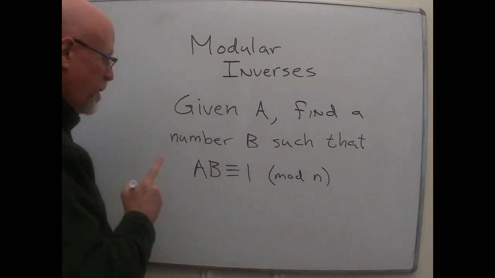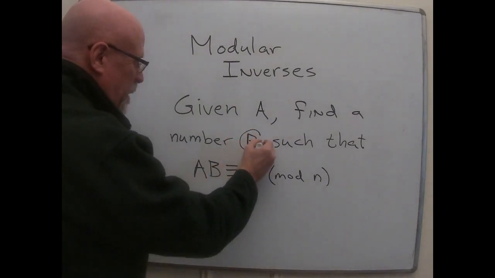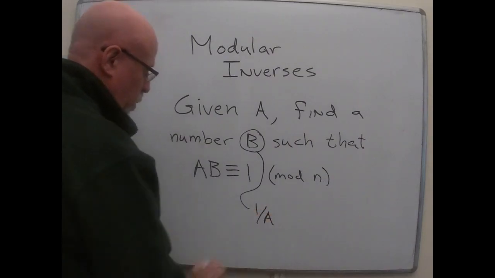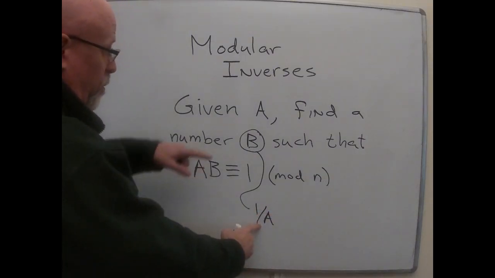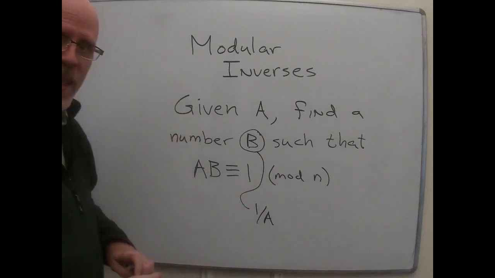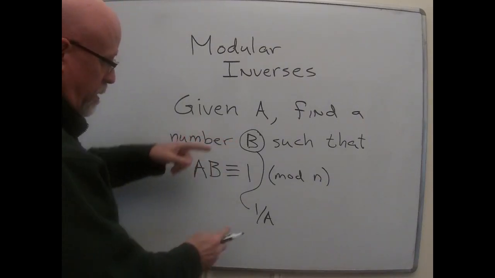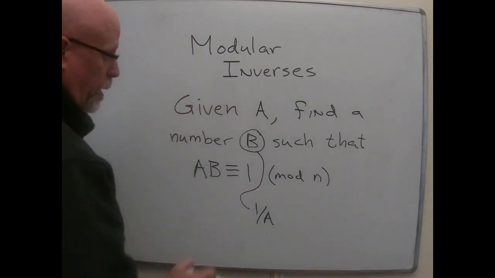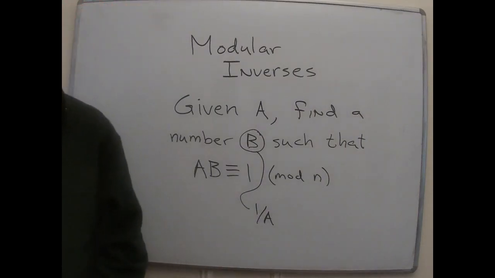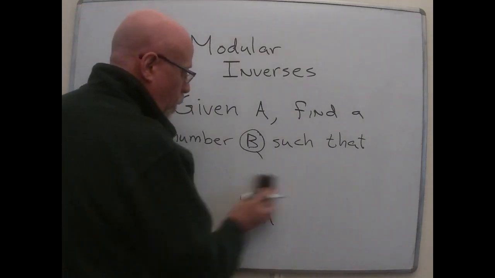Well, if you can do this, one way to think of B here is it's 1 over A. It's the reciprocal of A, because obviously we don't have fractions in modular arithmetic, but B acts like 1 over A, because 1 over A times A certainly gives you 1. So for instance, let's look at mod 7 and see if we can find 1/2.